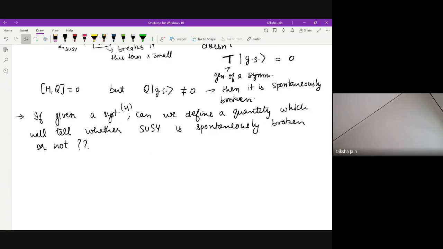So the question we want to ask is whether there's some other quantity that is easier to compute, and that quantity can just tell you whether supersymmetry is broken or not. And the answer is yes. And the quantity is called the Witten index.